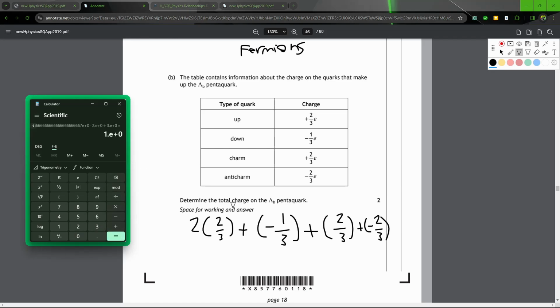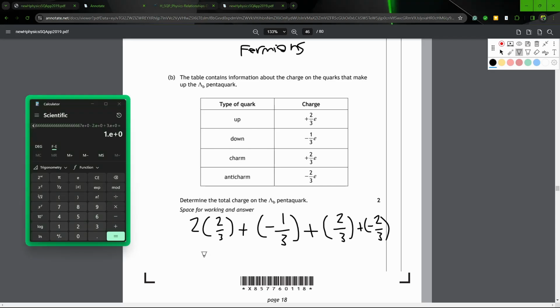What do we get? We get 1. And you probably want to use e because that's the charge we've been using. And it's positive 1, so probably best to actually put a positive sign next to it. But yeah, that's it.